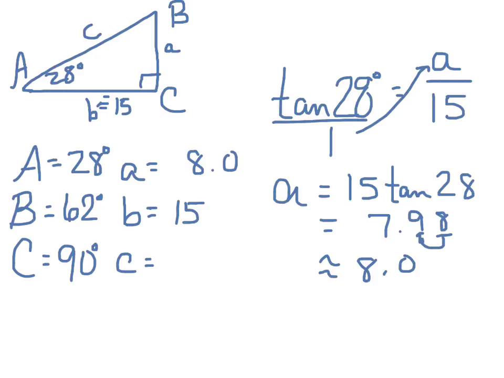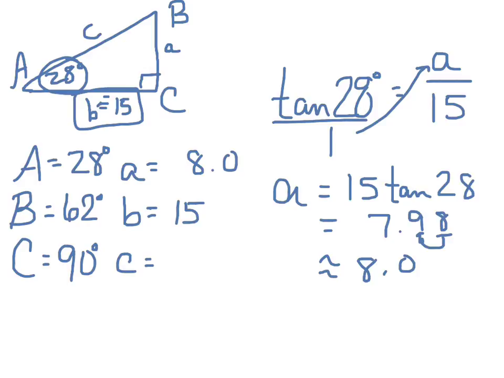So now, little c. Is c the adjacent, opposite, or hypotenuse? If I still use the 28 and the 15, why didn't I want to use the 8 that you just found? Because it's rounded, so it's not accurate.